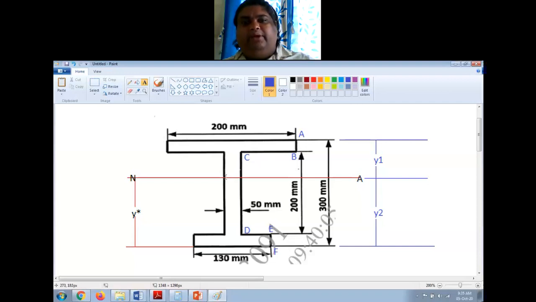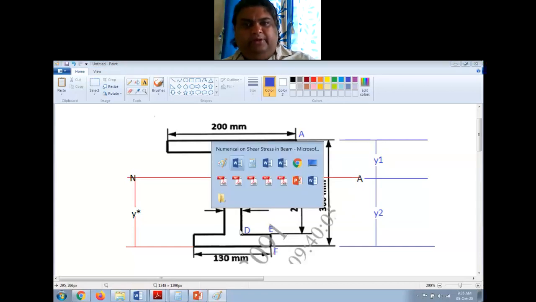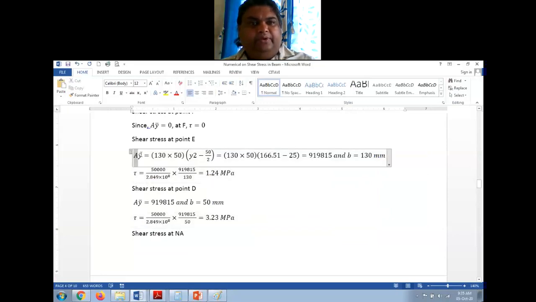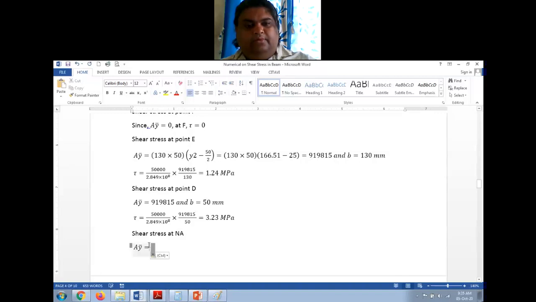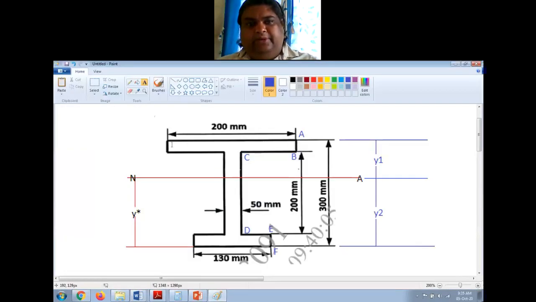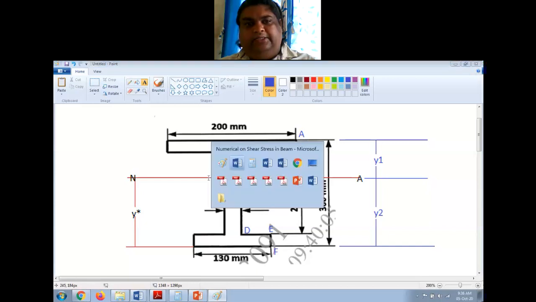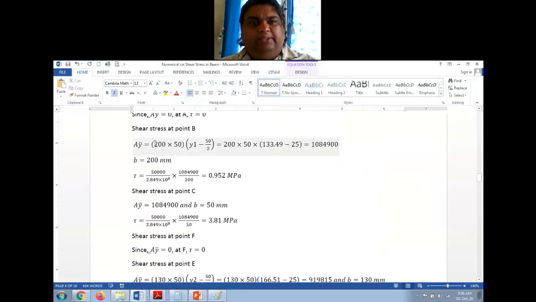So AY bar will be two rectangles, one is this flange and this small rectangle. Let me do that. AY bar: first I am taking the rectangle at the top, so it will be 200 into 50, and directly put the values.